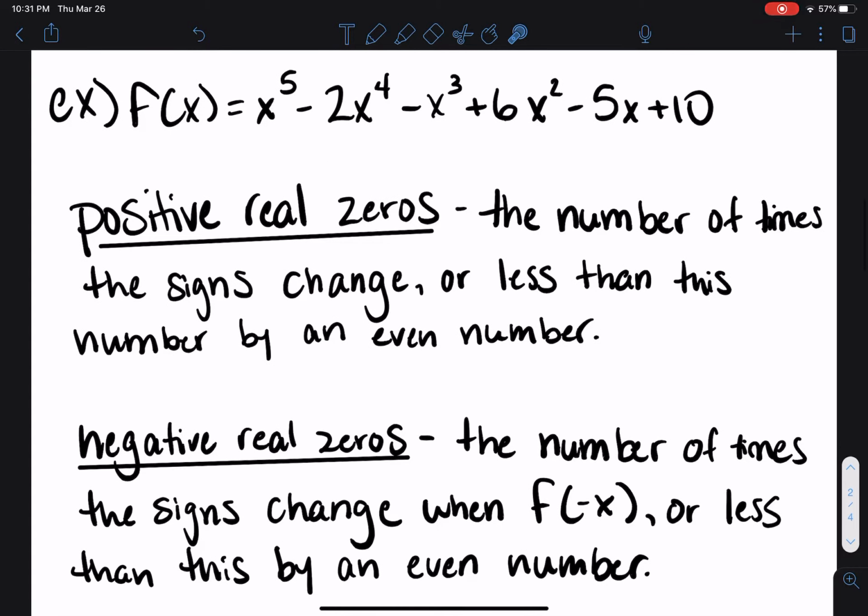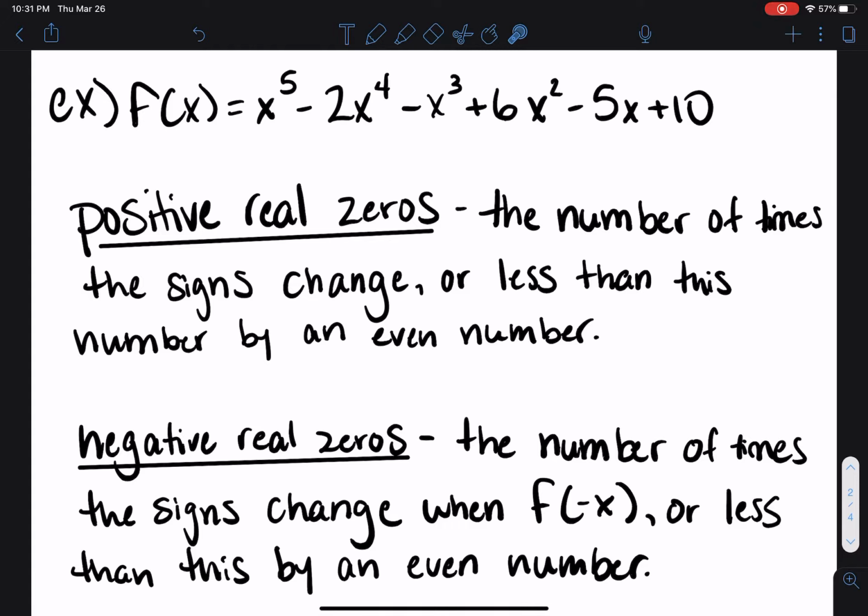What we can do is notice that the amount of positive real zeros in a function will be the number of times the signs change, or less than that number by an even number. That last part's kind of tricky, but you'll see in a minute whenever we do this example what that actually means.